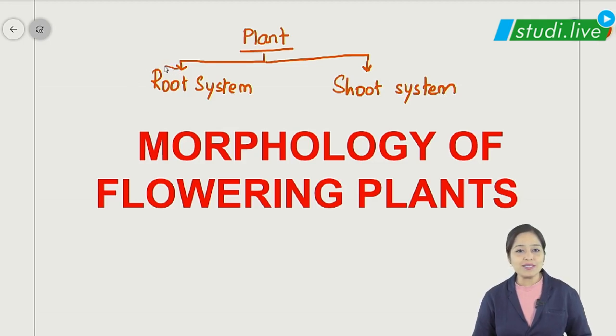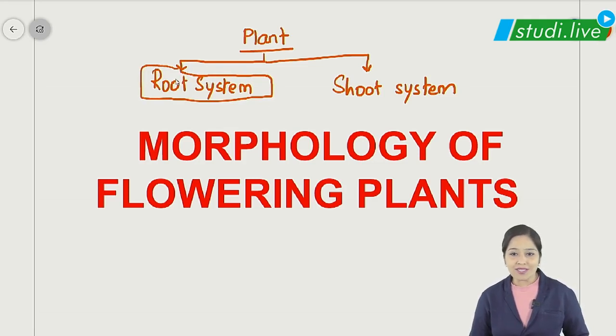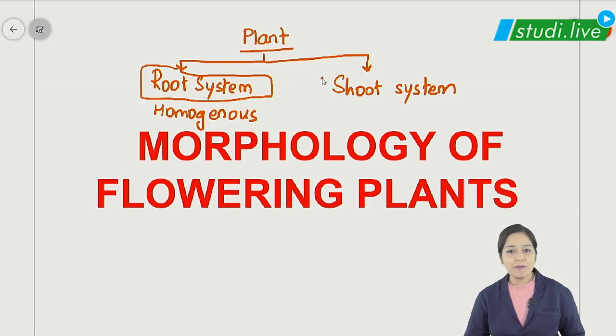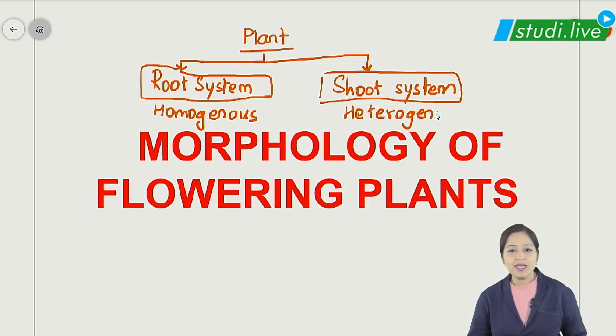And in this root system, we are going to see about the main root and the branches coming out from the main root. So that's why we can say that the root system is homogeneous. Homogeneous means it contains only roots. Whereas if we look at the shoot system, the shoot system is heterogeneous, because it has different parts. Like we have to study about the stem, the fruits, the flowers, the leaves.